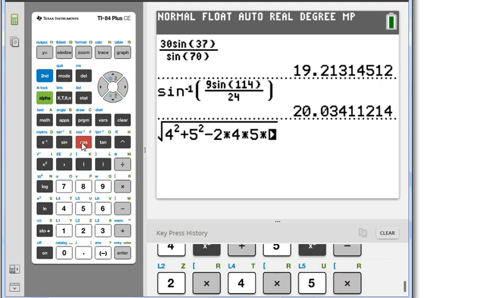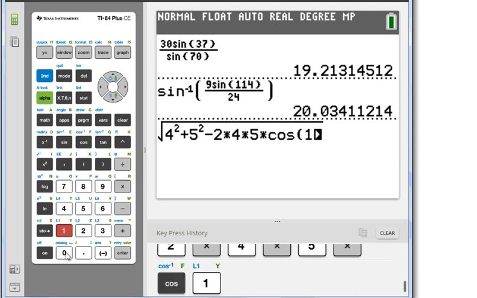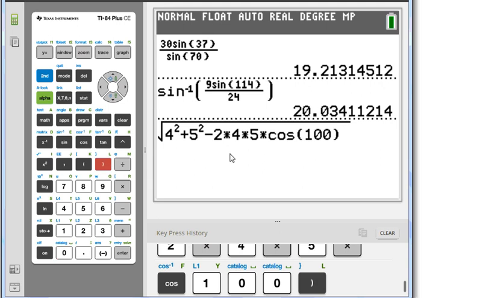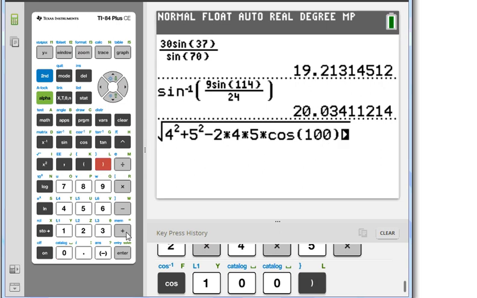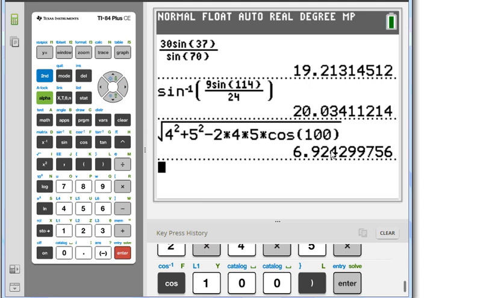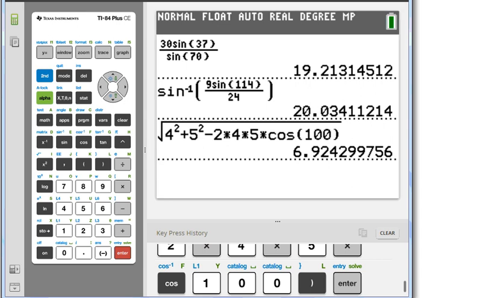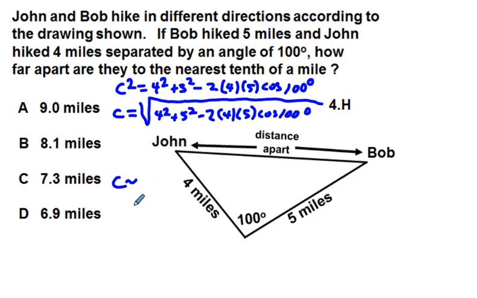Times cosine 100 degrees. And we should have it all here. And we get 6.92 miles, which is closest to answer choice D.